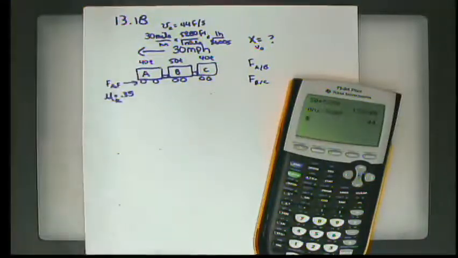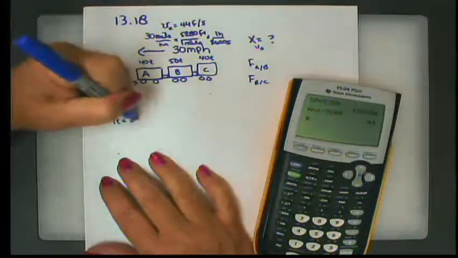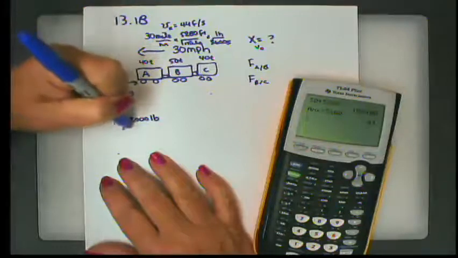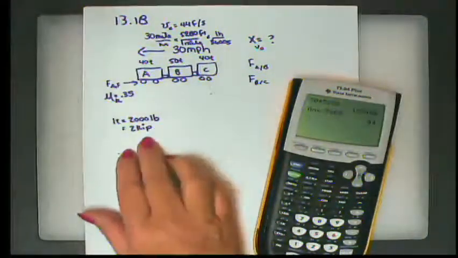Okay, now what about a ton? Well, 1 ton is 2,000 pounds, or we could say it's equal to 2 kips, where a kip is 1,000 pounds.